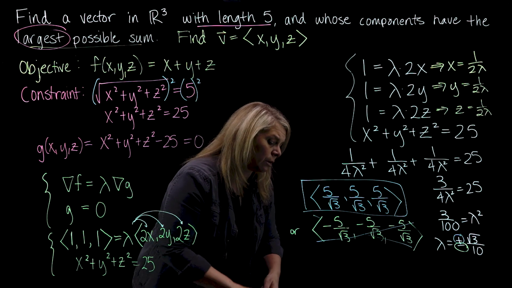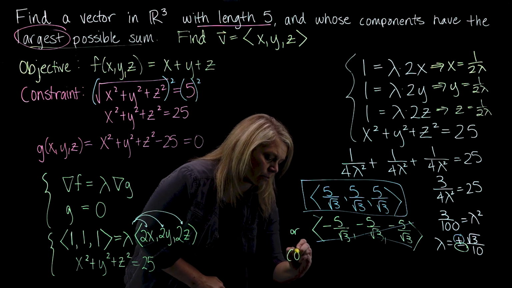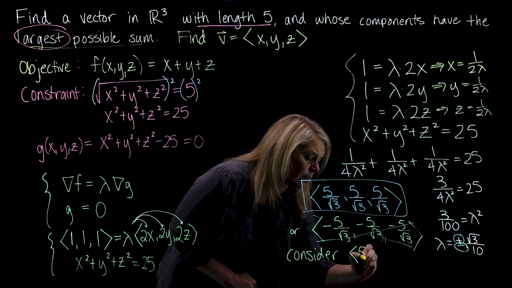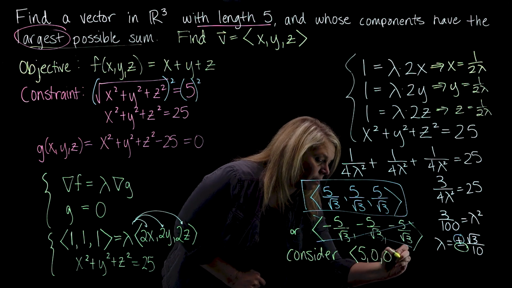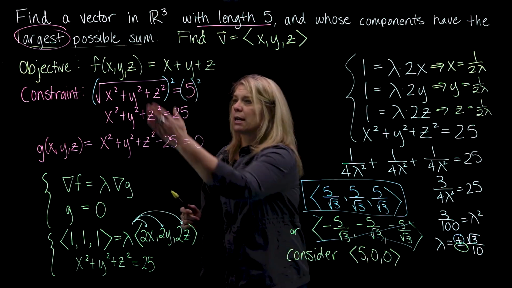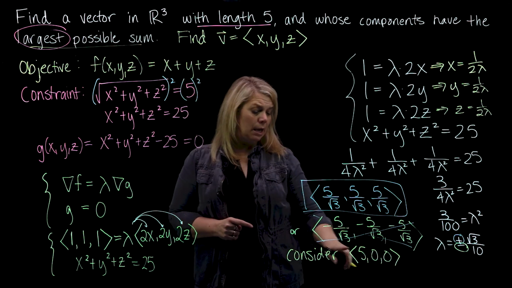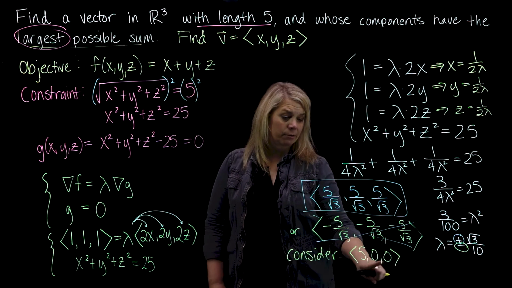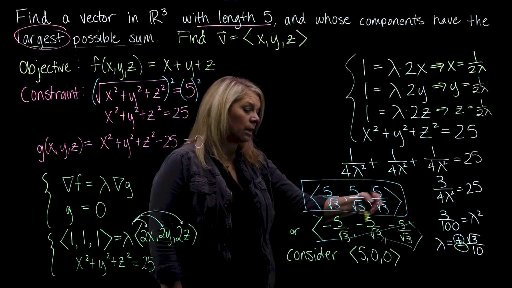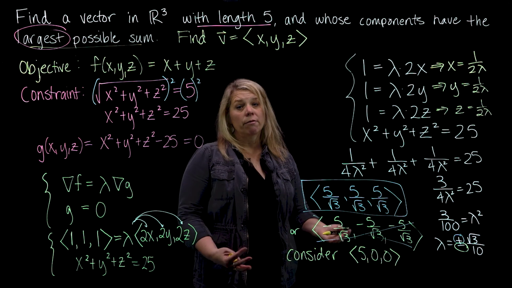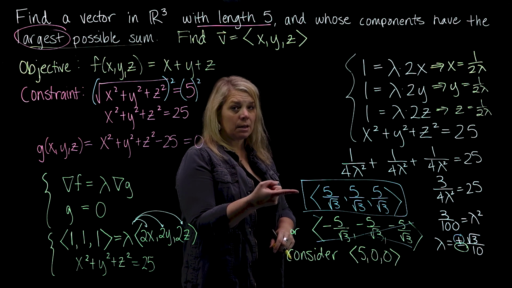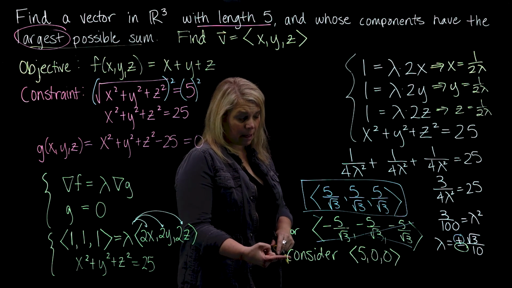For example, probably the easiest vector you can think of with length 5 is (5, 0, 0). Putting that into your objective function, the sum of the components, f of x, y, z for this gives you 5, whereas f of x, y, z for this vector gives you 15 over square root of 3, which simplifies to 5 times square root of 3. So this gives a larger output than this other value.